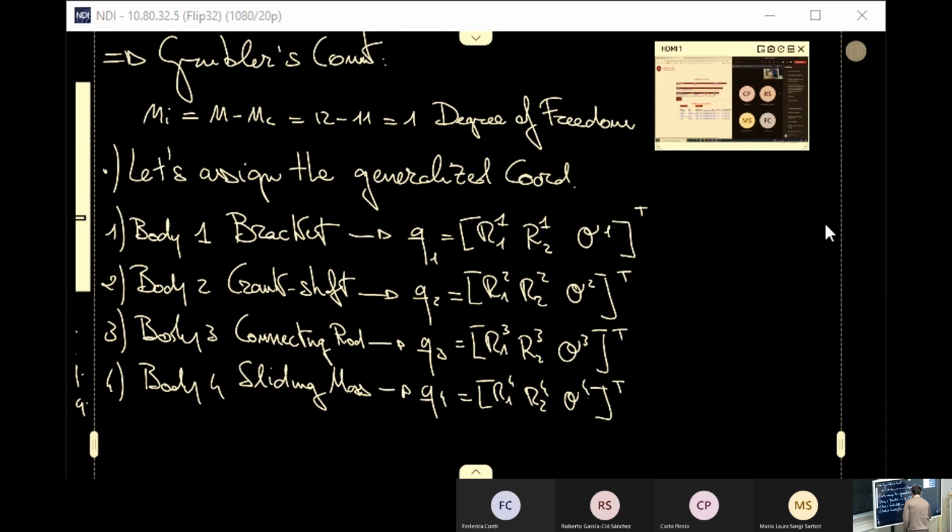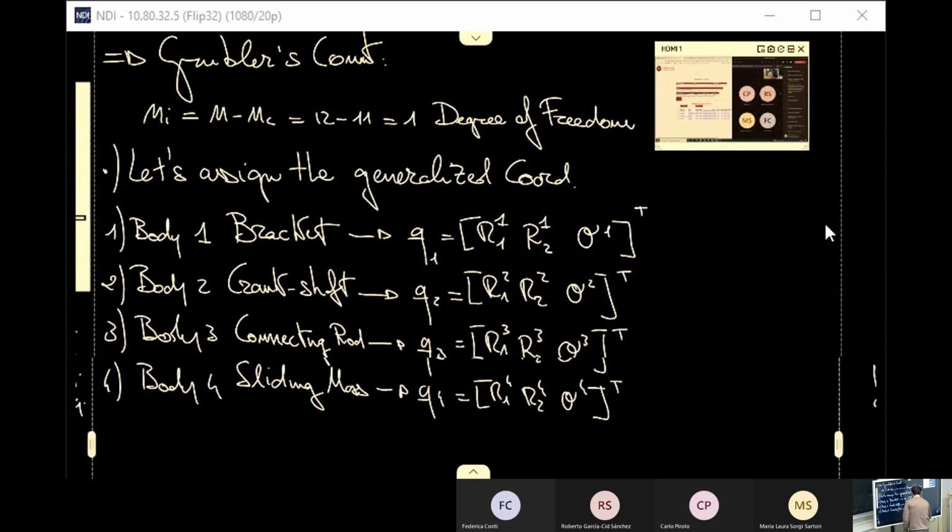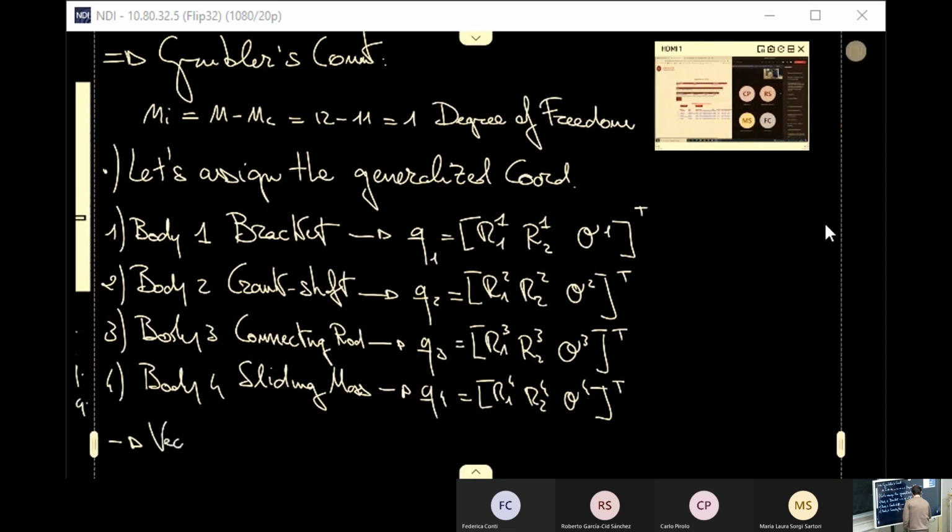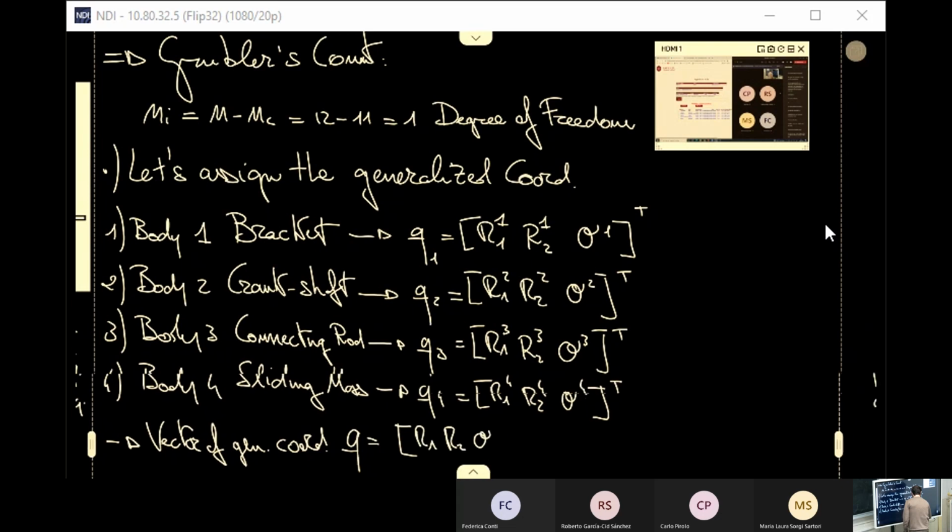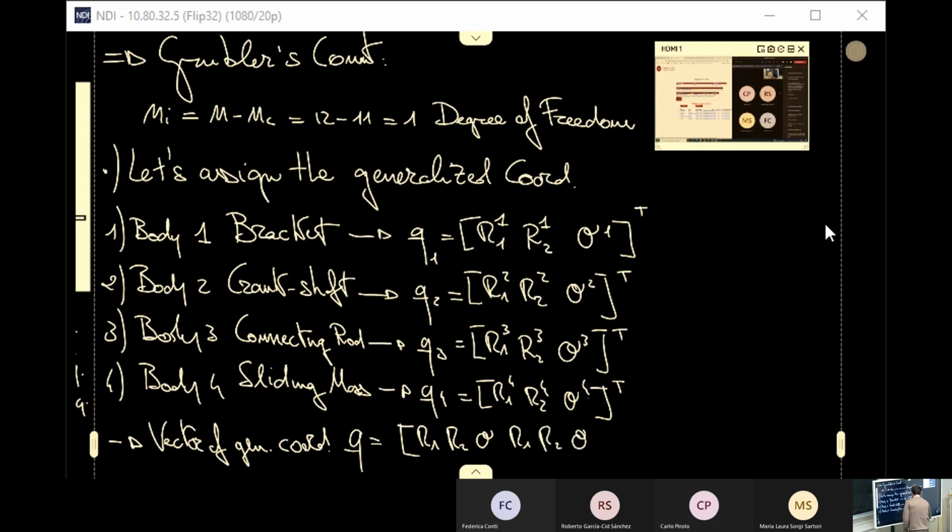Okay, so now our vector of generalized coordinates, we can arrange it like this. Okay, this is our Q. We put everything together.